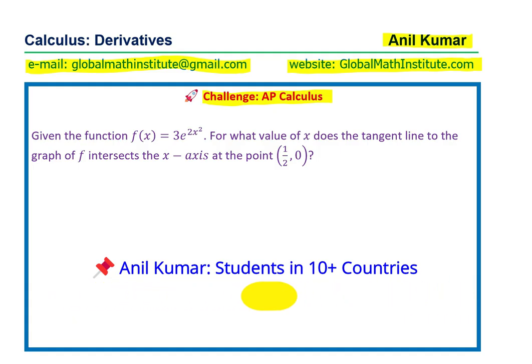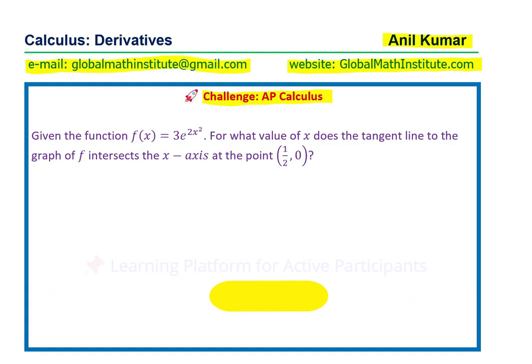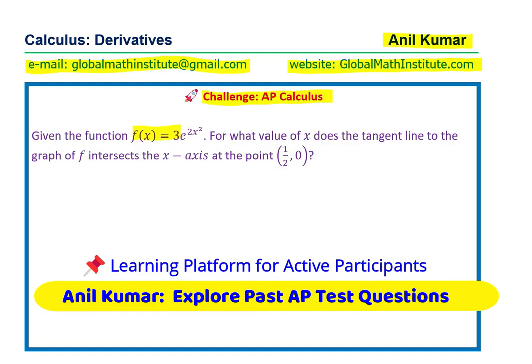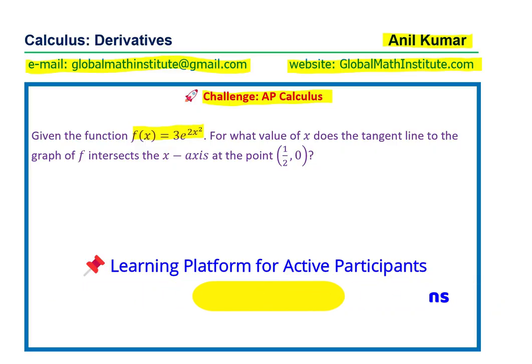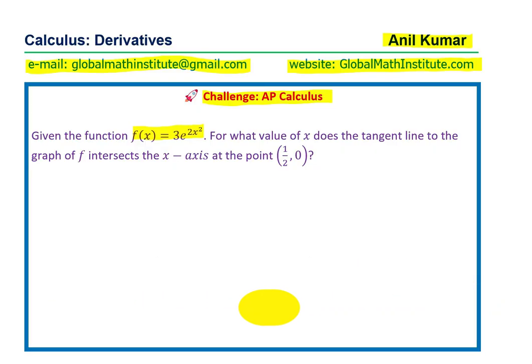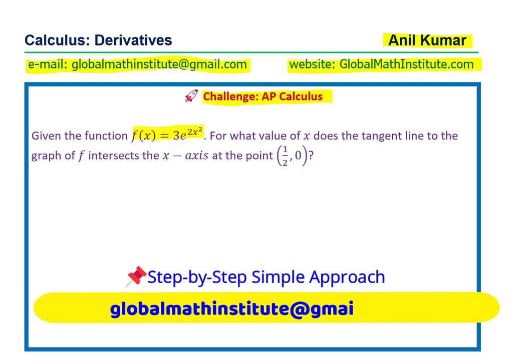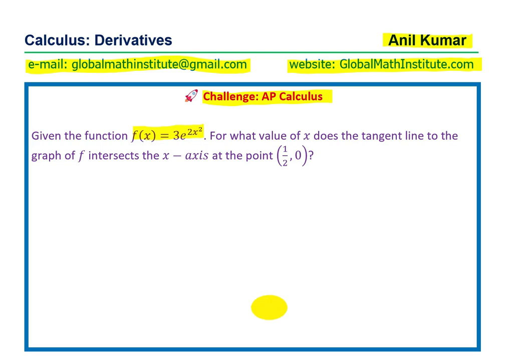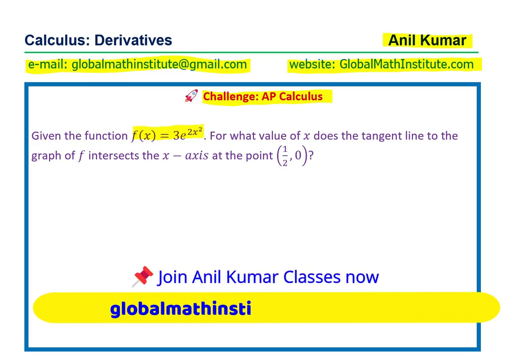The question here is, given the function f of x equals 3 e to the power of 2x squared, for what value of x does the tangent line to the graph of f intersect the x-axis at the point (1/2, 0)? So the point is not on the function, right?